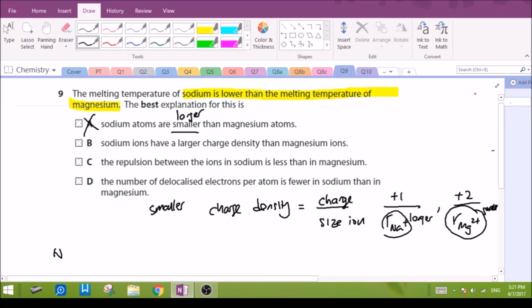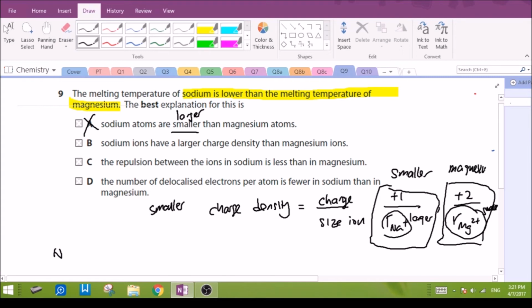So you have a large denominator compared to magnesium, so your overall charge density will be smaller compared to the charge density of magnesium. So statement B, sodium ions have a larger charge density, is incorrect. Sodium ions have a smaller charge density.